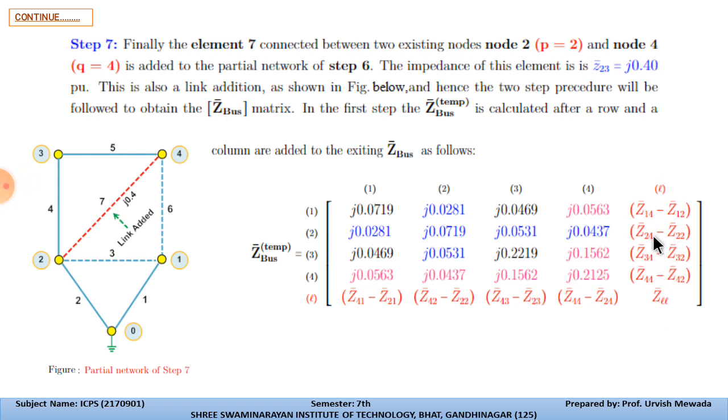By placing these values we will get the results for this particular link added. For this row, the reciprocal is the column link formula. You can see over here that Z14 will become Z41.